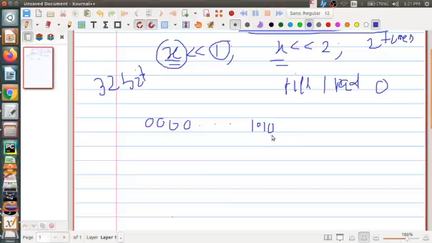I want to right shift. So what will be the value? I want to right shift, so how can I write it? x double right-angle mark, x right shift one time. Let us see what happens one time. All the bits will be moved towards the right side.